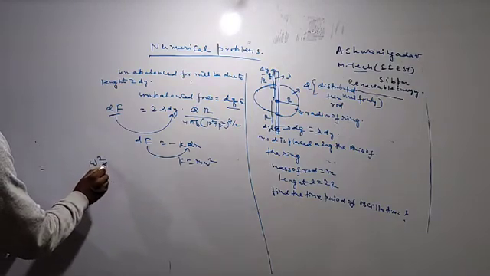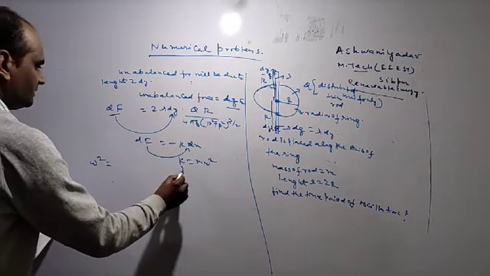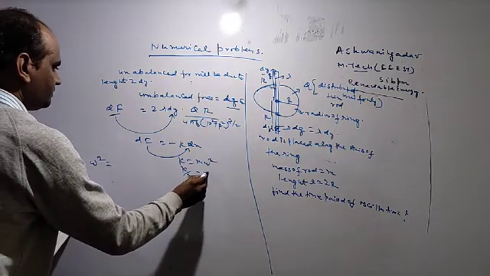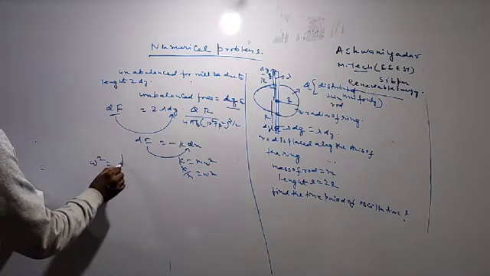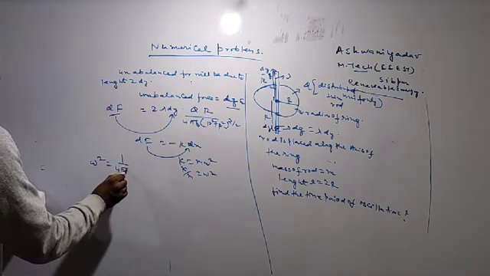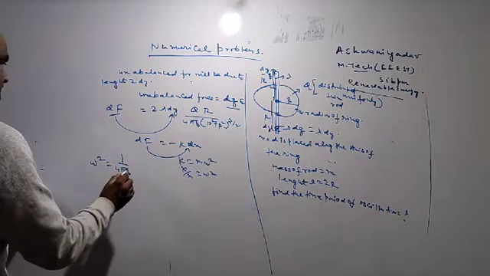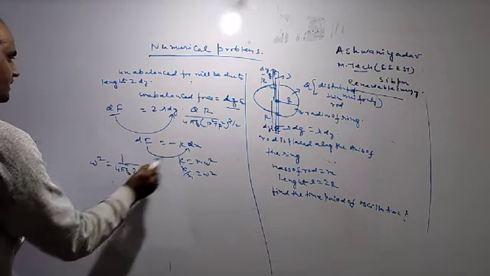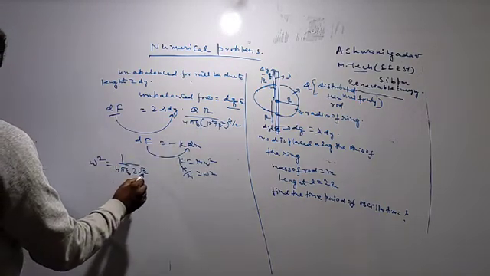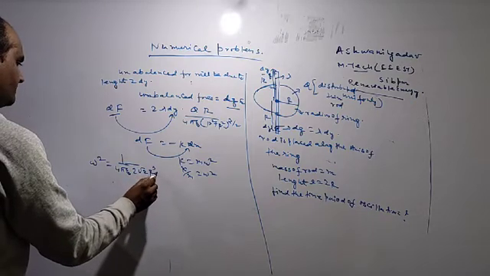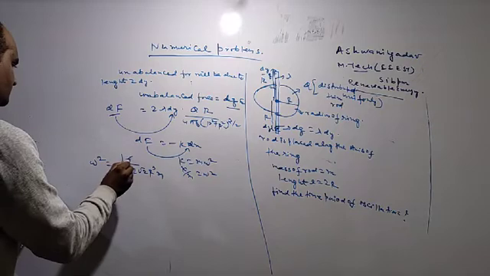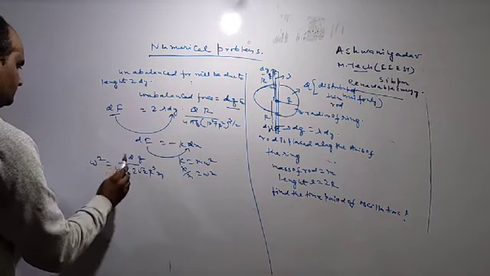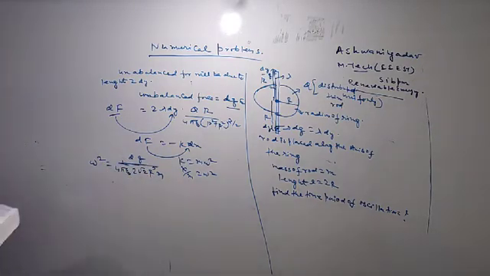So omega square is equal to k by m. So we have omega square is equal to 1 by 4 pi epsilon naught 2 root 2, I think, r cube divided by m, q into q. This will be your omega square.